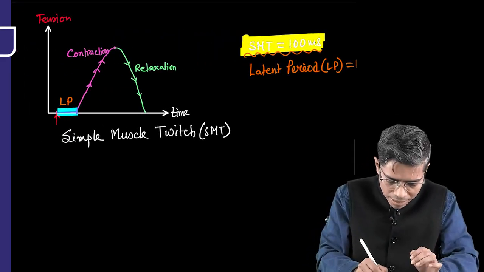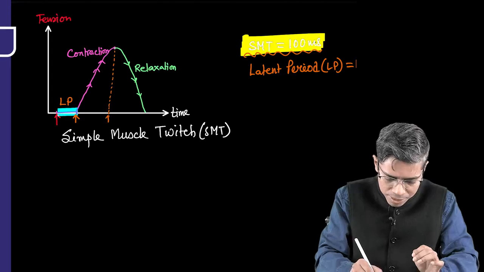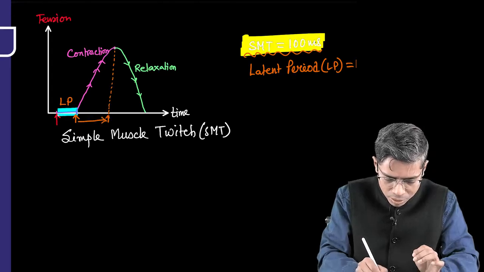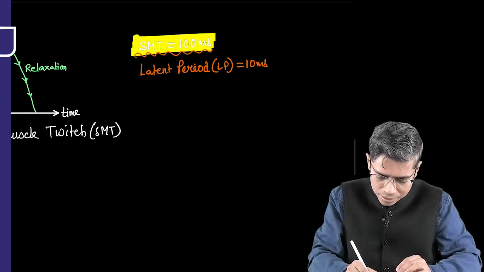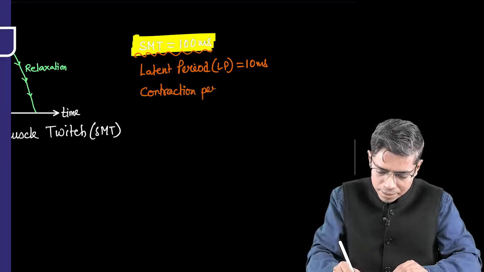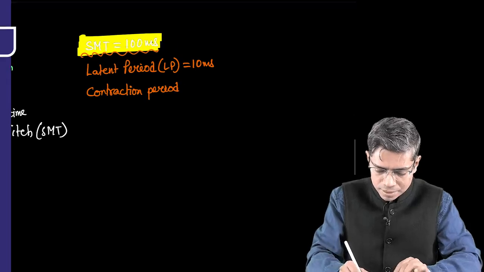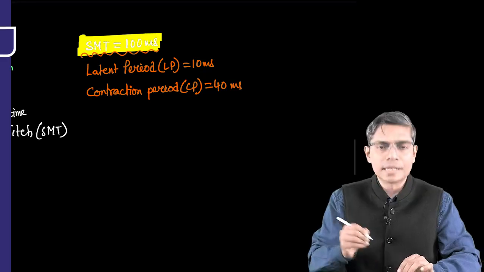Then if I measure the duration from the onset of contraction up to the peak of contraction, this period is known as the contraction period or CP, which is generally 40 millisecond.